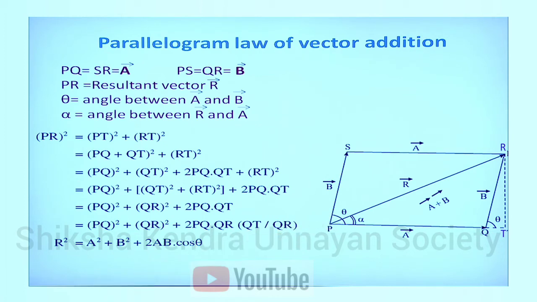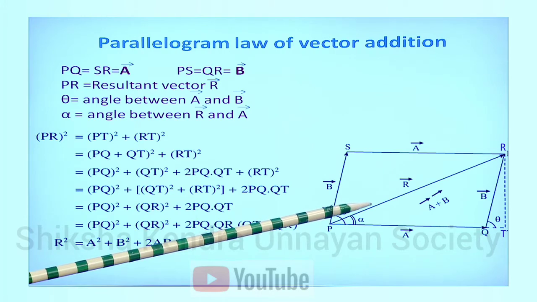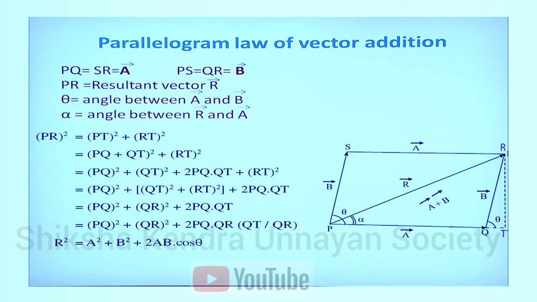This angle is between the 2 vectors A and B, and there is another angle alpha, which is the angle between vector A and the resultant vector R. Now, we can find out the magnitude and direction of the resultant from this parallelogram law of vector addition.